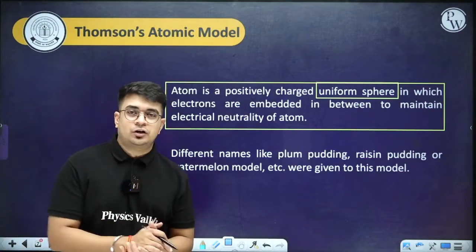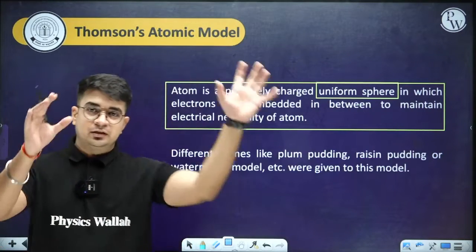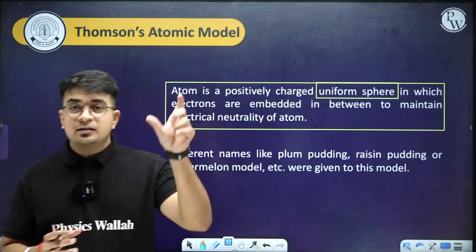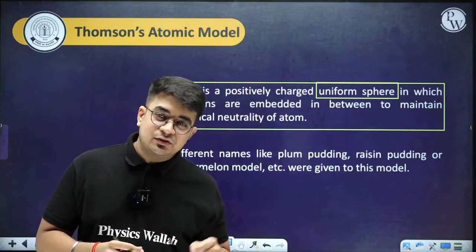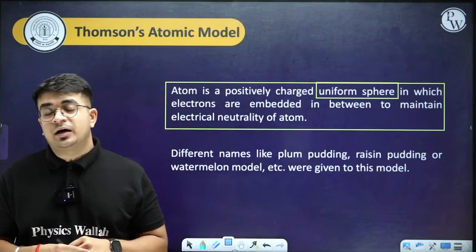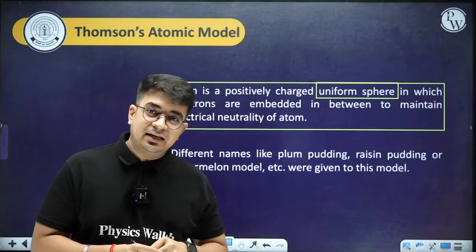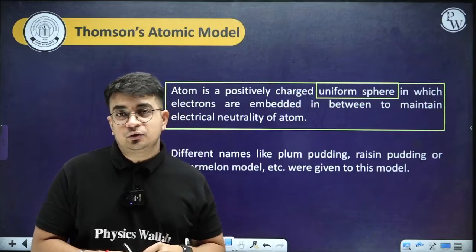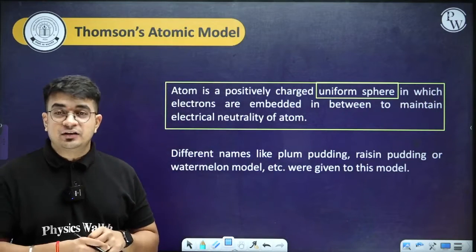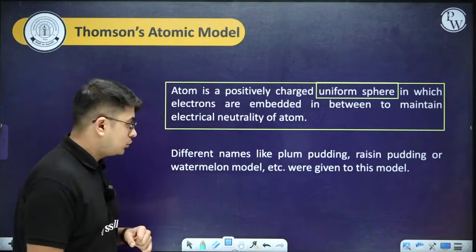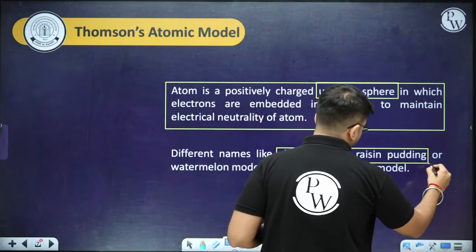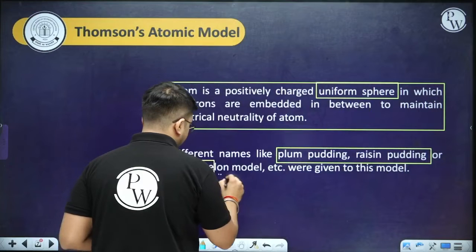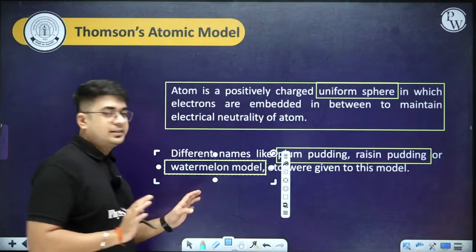Because if you see a watermelon, you can see a positive part like the red color portion, the actual juicy portion, and there are certain seeds which are embedded inside that particular part. So these seeds are like the electrons which are going to maintain the electrical neutrality inside the sea of positively charged protons. Okay, so this was the basic idea, like the plum pudding, raisin pudding model, or I can say the watermelon model. I hope this entire part is clear to everyone.